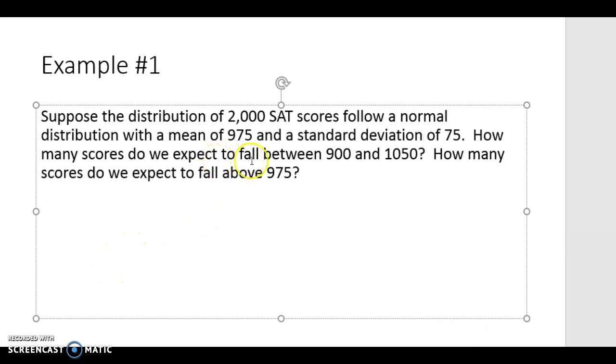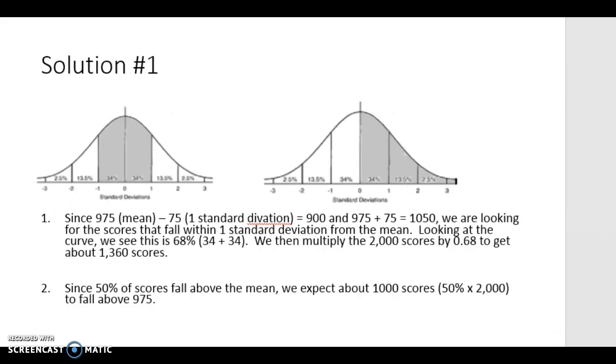So, a mean of 975 and a standard deviation of 75. How many scores do we expect to fall between 900 and 1050? How many scores do we expect to fall above 975? So 2 questions here. So the first one, how many scores fall between 900 and 1050?